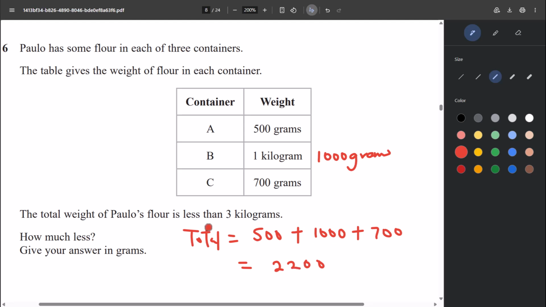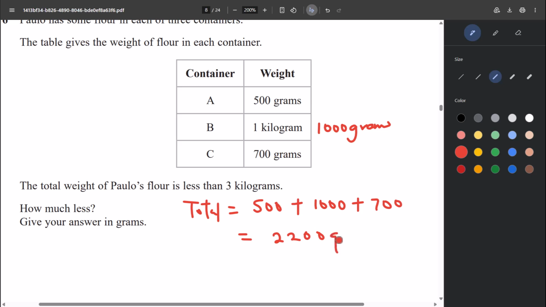And now we're going to subtract it from 3 kilograms. Remember, this is in grams. So we know that 3 kilograms is the same as 3,000 grams. And so we're going to do how much less? Definitely it will be 3,000 subtracted by 2200.